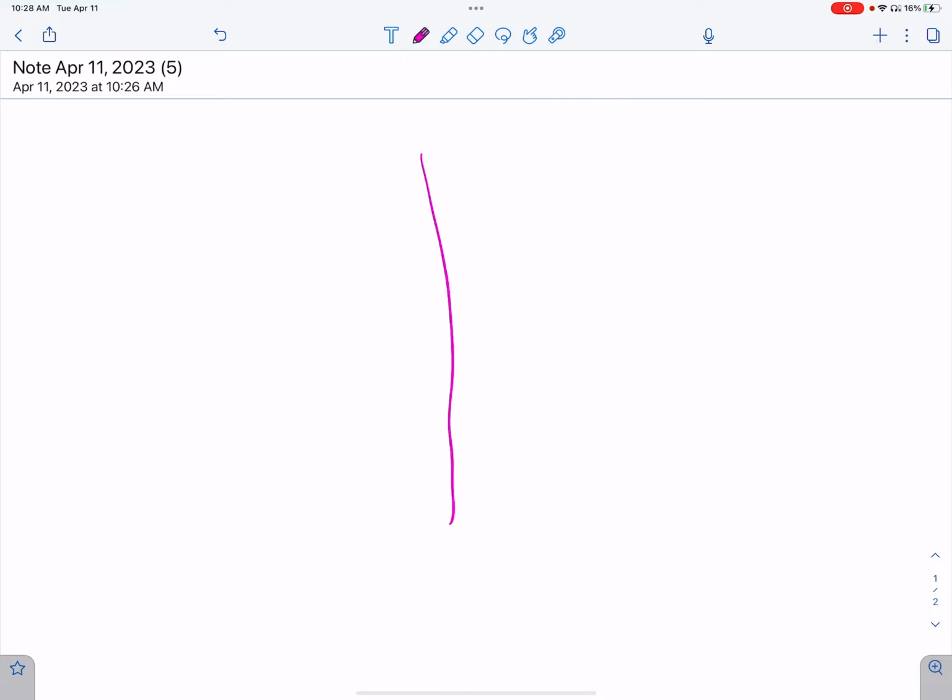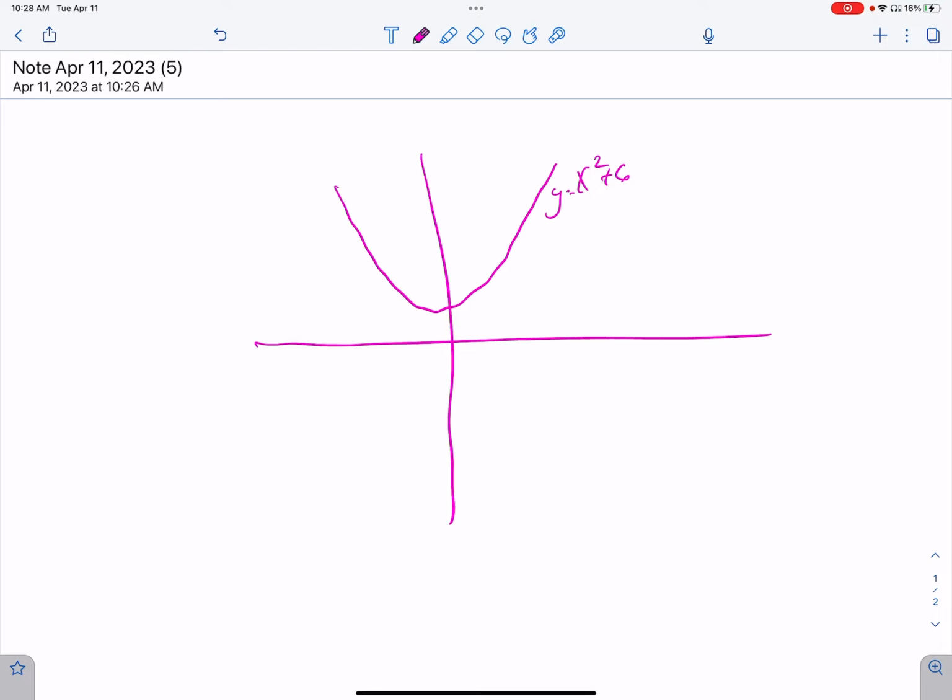So here we have something resembling y = x squared plus 6. Okay, so we're going to want the tangent at a point, but there's an additional twist here. We're going to want the equation of the line that is tangent to the curve and goes through the point (2, 1).